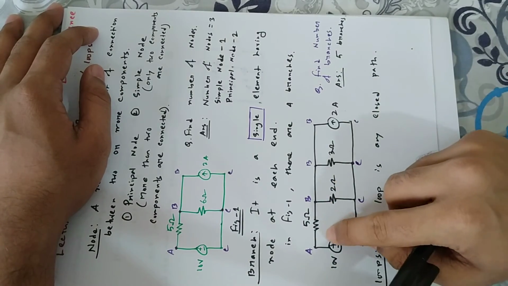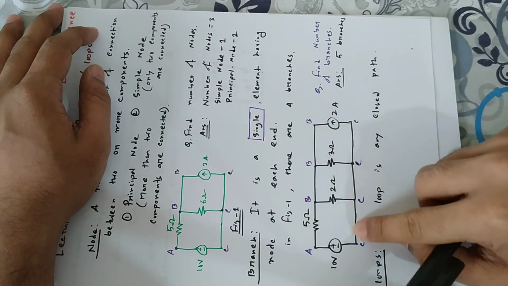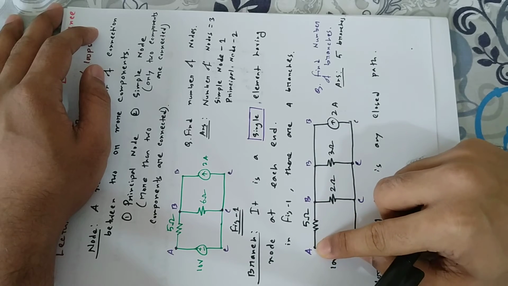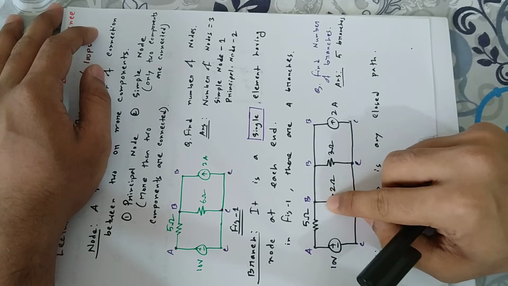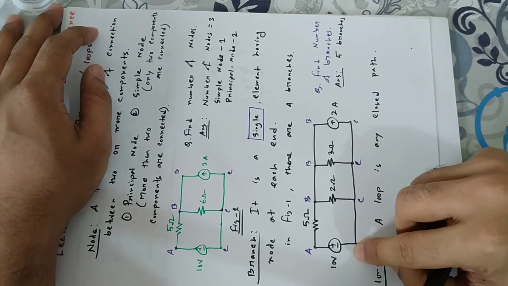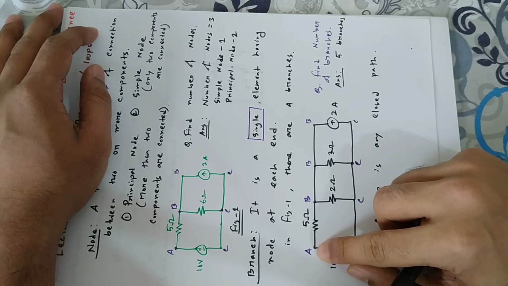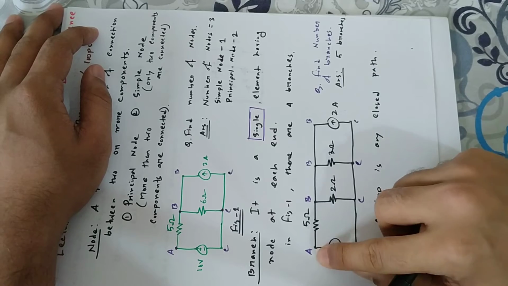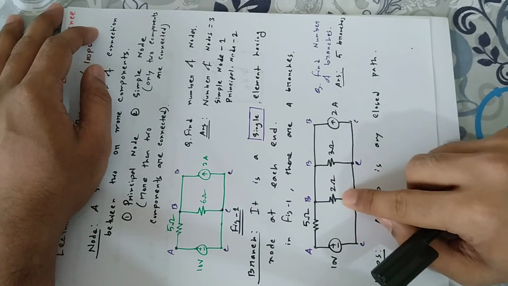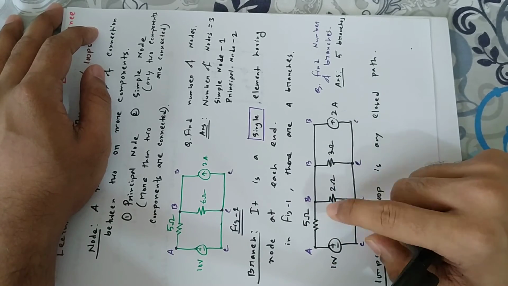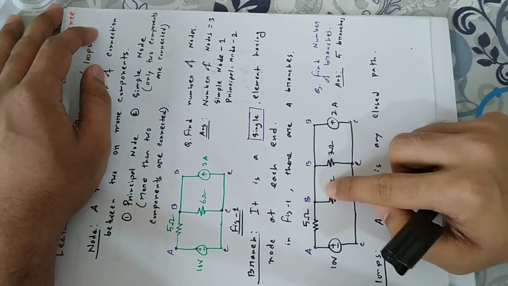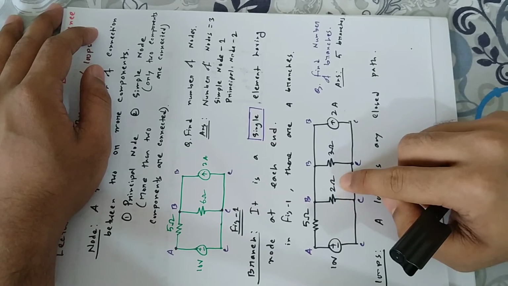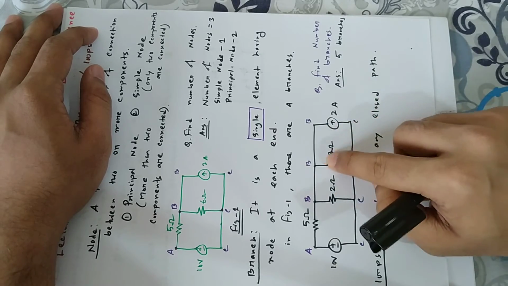See, in this circuit, this is a closed path. If you start from point A, you can go to B, then C, then you can go back towards point A. So the path is closed. So this is closed path 1. This path is also a closed path, and this is also a closed path.